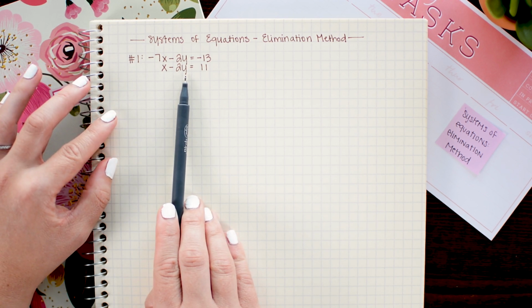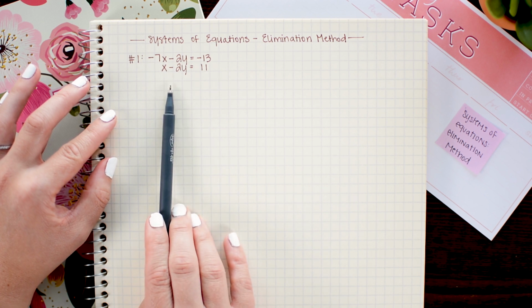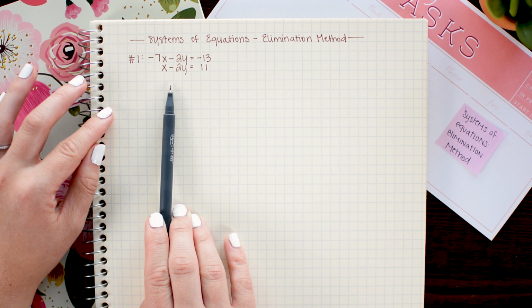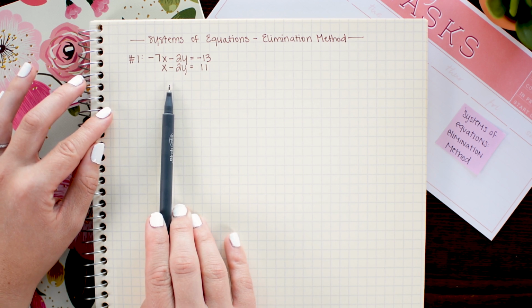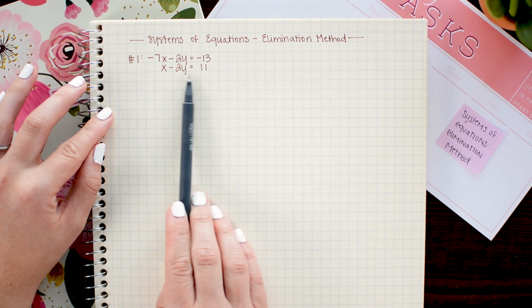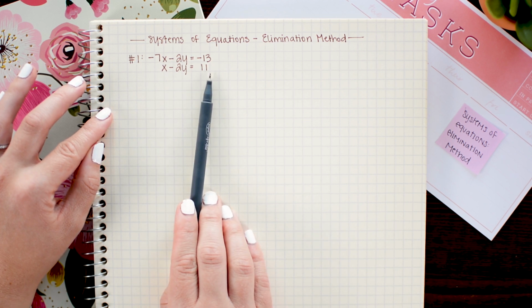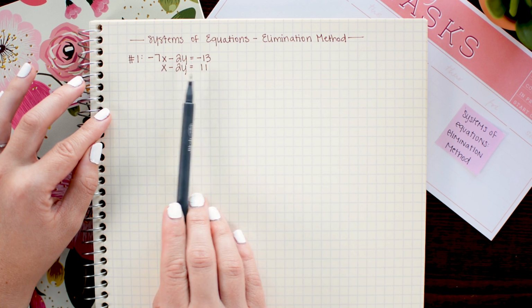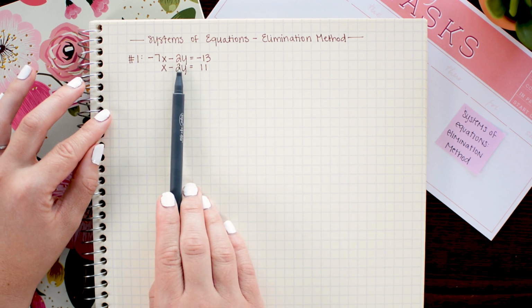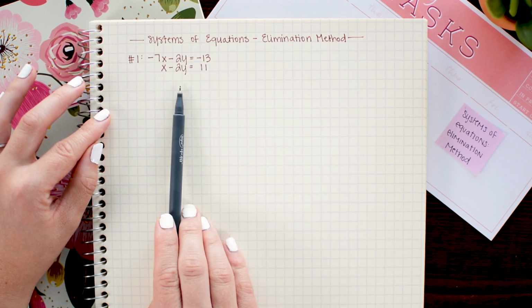So, since it's not already set up like that, I'm going to manipulate my equations so that they are. The easiest way to do this is to multiply one or both of your equations by a constant. In this case, I could multiply this second equation by a negative 1. In doing so, that will make the negative 2y into a positive 2y, which when added with the negative 2y from the first equation would equal 0.